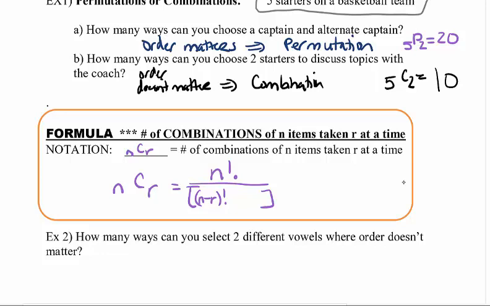But now we're getting rid of what essentially repeats, which is the r factorial. R factorial is the number of permutations that repeat, and those we're getting rid of. Notice I put parentheses around that bottom because it's really important that you do that if you're going to do it on paper.